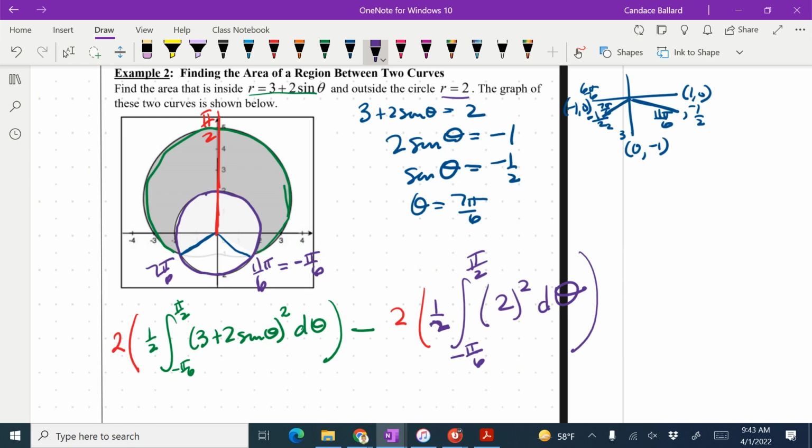So when I put this in my calculator again, could I just ignore my 2's and my 1/2's? It makes a little bit less calculator strokes. Okay. I'm going to give you a minute.